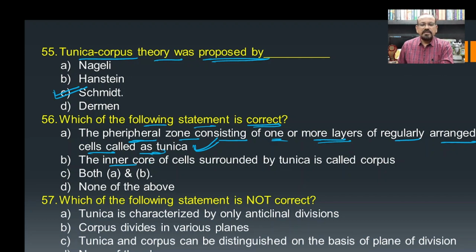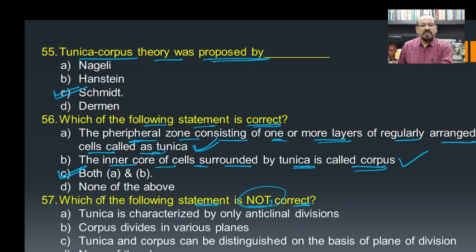Second one, that the inner core of cells surrounded by tunica is called the corpus, and this is also correct, that the central part is the corpus and the peripheral part is the tunica, and they are distinguished from each other on the basis of the plane of division, and hence C will be the correct answer for this question.